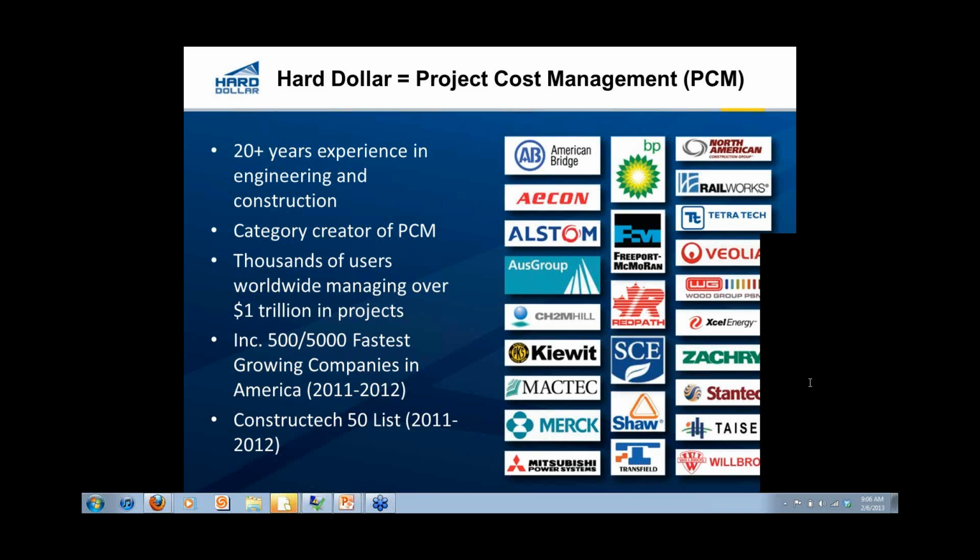We're also an ongoing member of the ConstructTech 50-plus list in 2011-12, and we're in multiple industries. Oil and gas is a leading market for us. Mining is a leading market for us. Heavy civil is an obvious one as well. Environmental is a strong suit for us as well. Underground construction is a very good tie-in for us as well. So we've got a good breadth in terms of our experience and our knowledge in that space. And then if we hit the next slide.